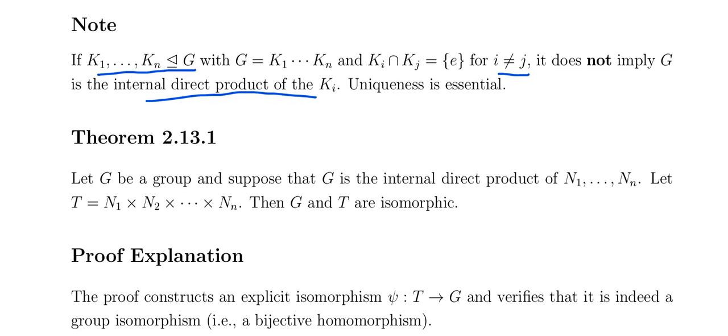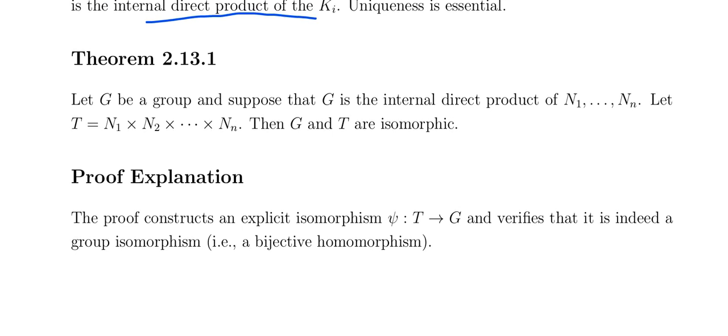Another result: let G be a group, and suppose that G is the internal direct product of N1, N2, ..., Nn, and let T equal N1 cross N2 cross ... cross Nn. Then G and T are isomorphic.